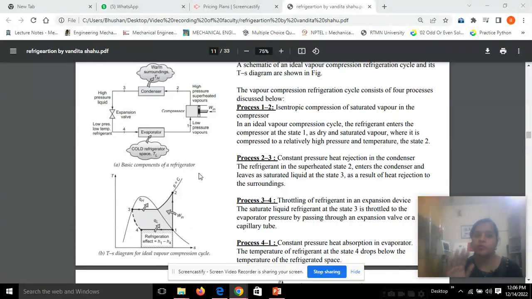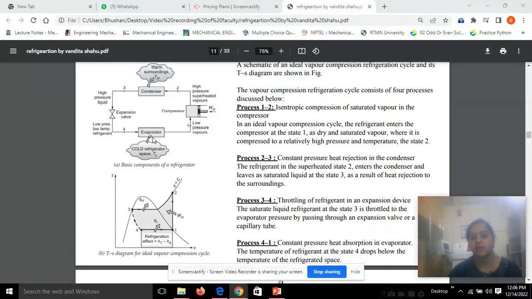So all the processes that are there in the Carnot cycle will be there in this cycle also, but in the opposite direction. There are two isentropic processes and two constant pressure processes. There will be one evaporator.